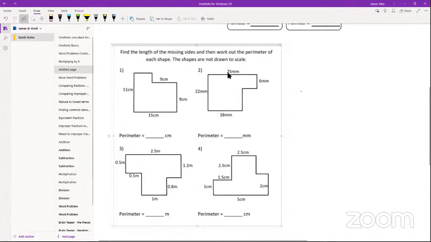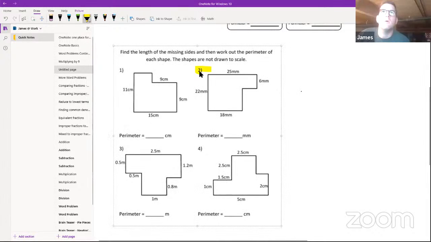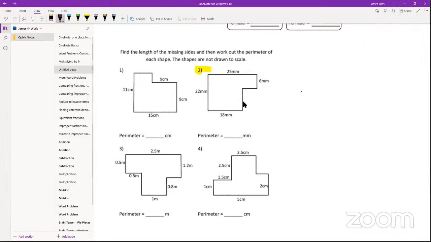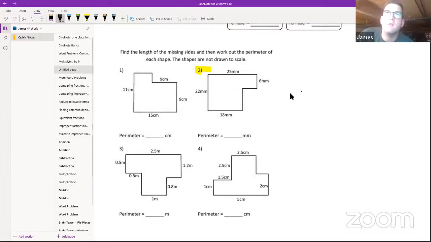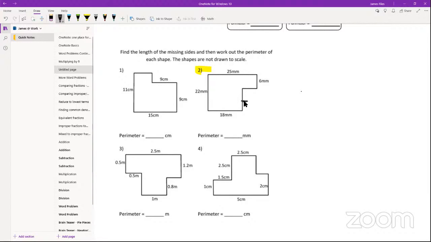All right, so number 2. So the first step in this is to find the lengths of these 2 unknown sides, right? Well, yes. Well, let's try to do that then. So this side right here, how do we find that length? We find that length with that we add up all the sides first.